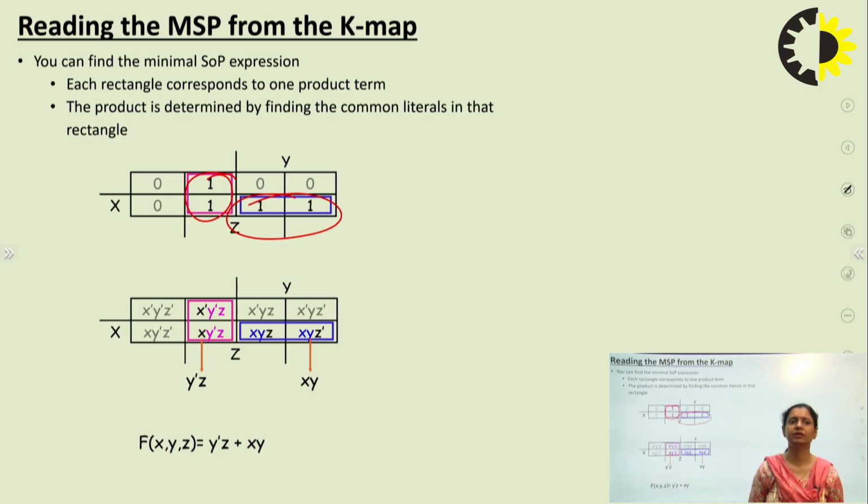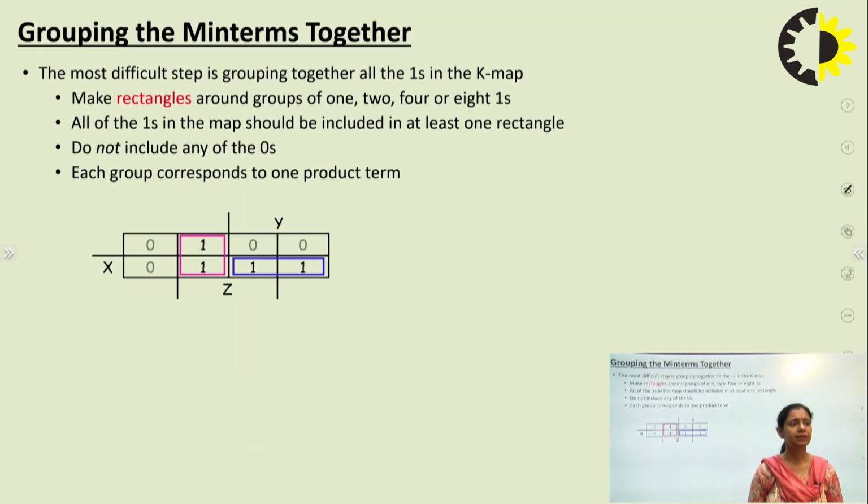When we are grouping the minterms together, we need to make rectangles around the groups of 1, 2, 4 or 8 ones. All of the ones in the map should be included in at least one rectangle. We do not include any of the zeros. Each group corresponds to one product term. So this group will correspond to one product term, and this group will correspond to one product term.